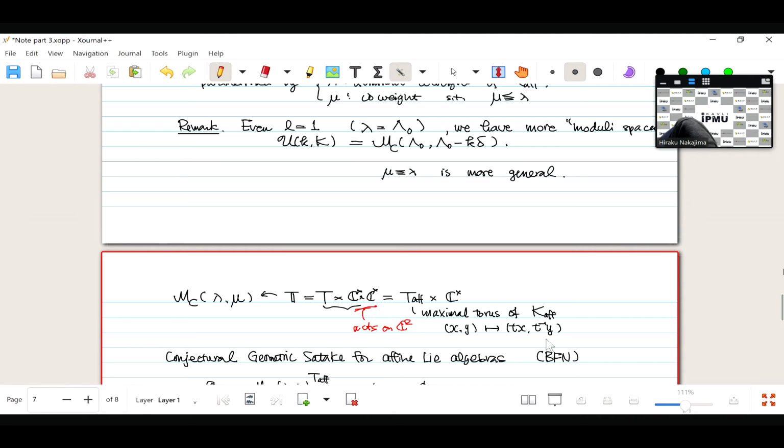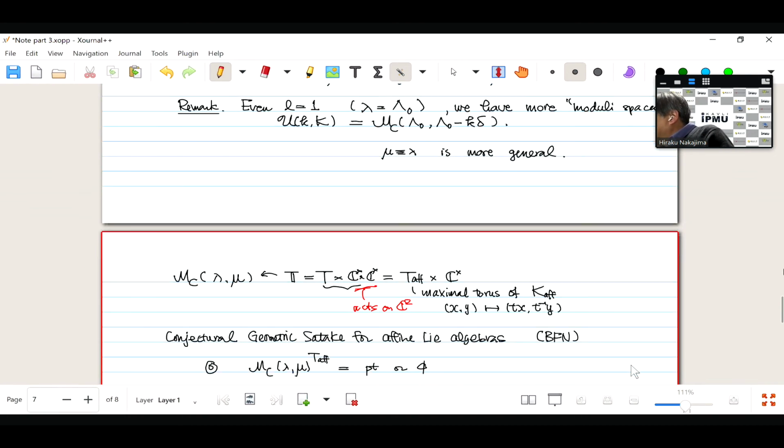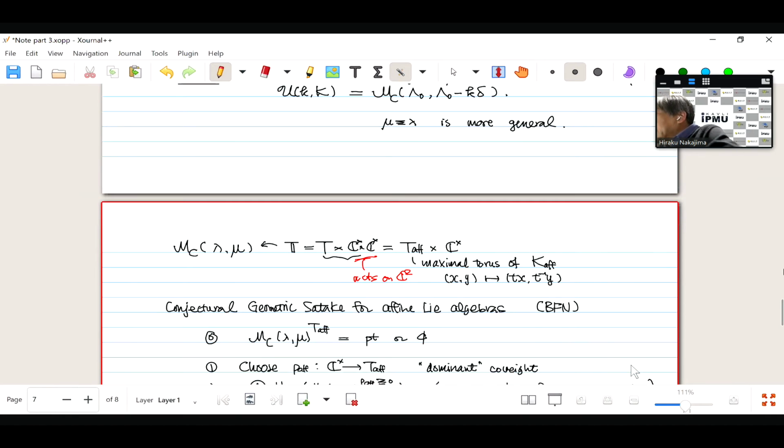So this is a hyperbolic C star. So (x, y) is sent to (t times x, t inverse times y). Okay. In a sense, this preserves the symplectic form, and it is better to distinguish the group which preserves the symplectic form from the one which doesn't preserve it.